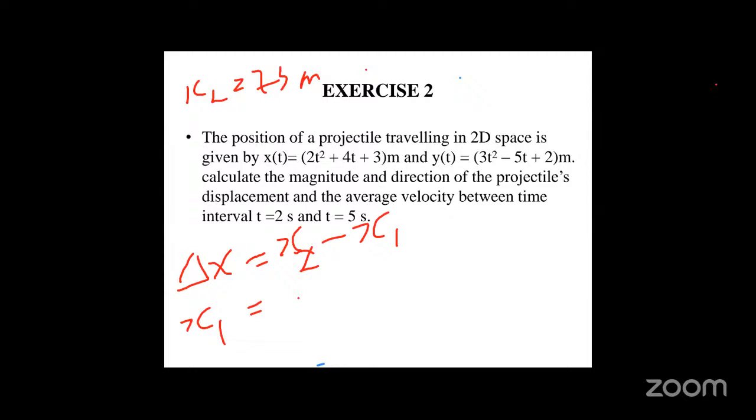x1 will be at t equals 1, that is 2. So 2 into t squared, t is 2 this time.